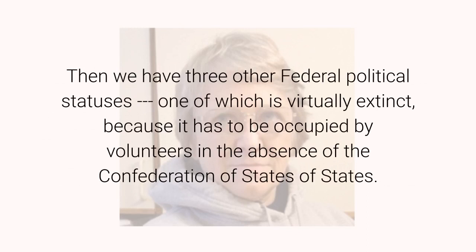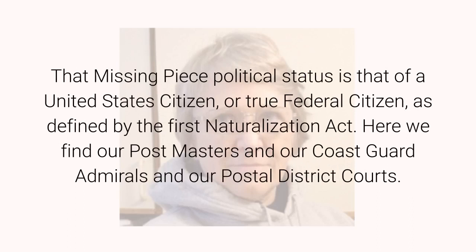Then we have three other federal political statuses, one of which is virtually extinct, because it has to be occupied by volunteers in the absence of the Confederation of States. That missing piece political status is that of a United States citizen, or true federal citizen, as defined by the First Naturalization Act. Here we find our postmasters and our Coast Guard admirals and our postal district courts.